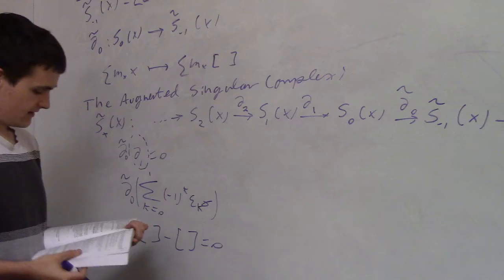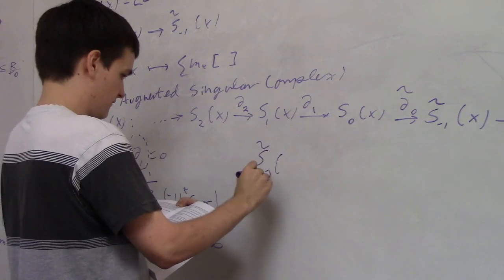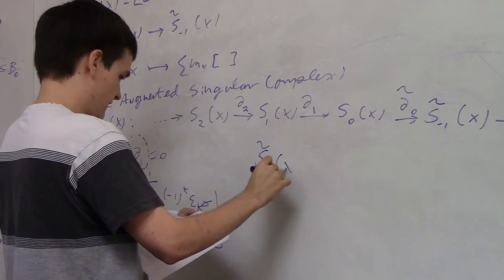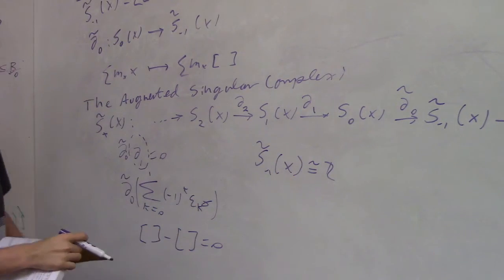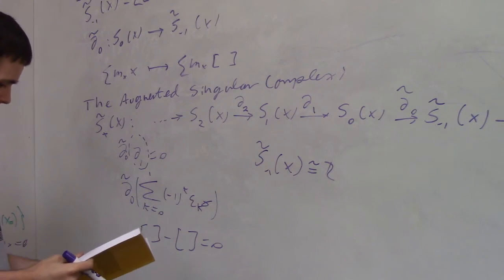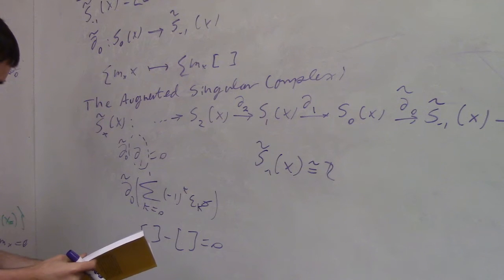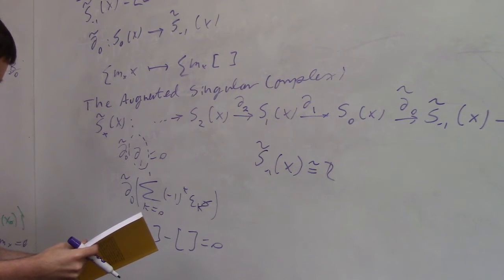They also say that S squiggle negative 1 of X, well, okay, that's from the definition. So they also define the empty set to be the standard negative 1 simplex.